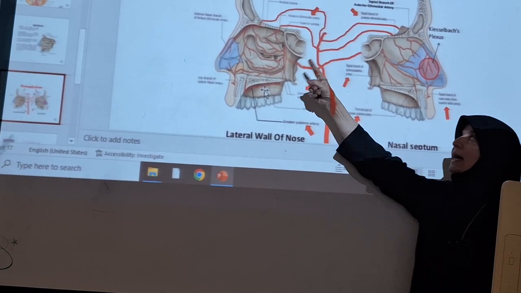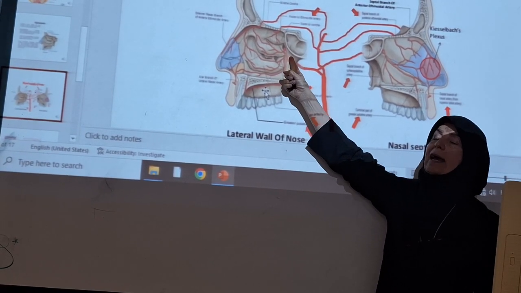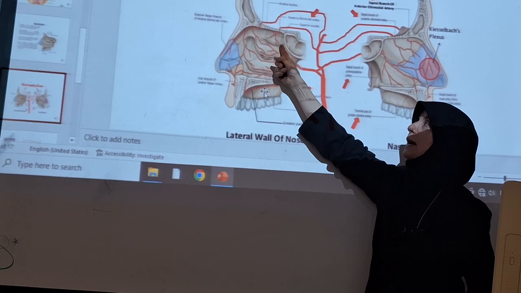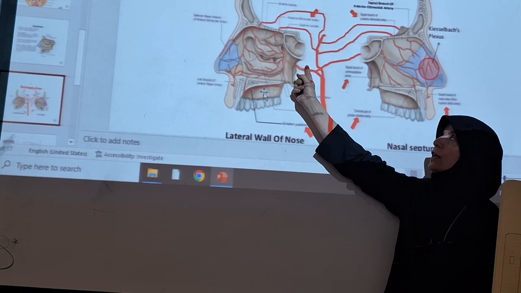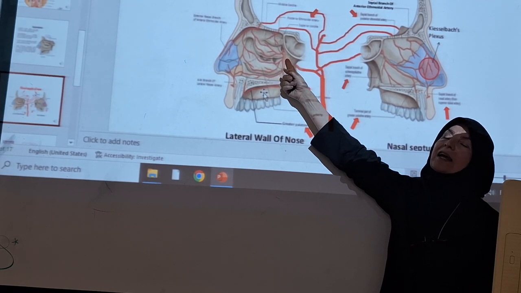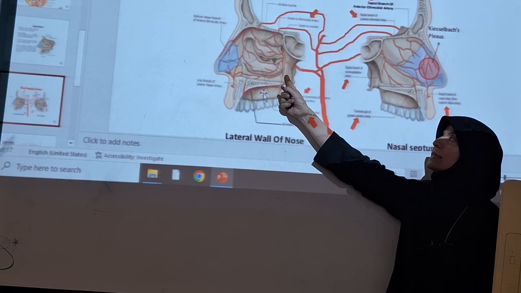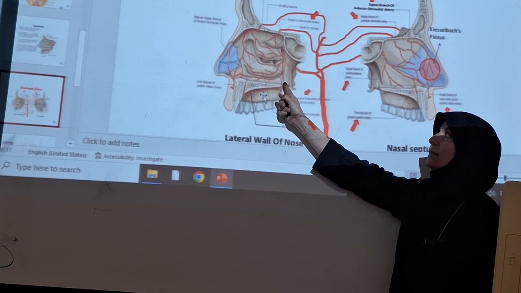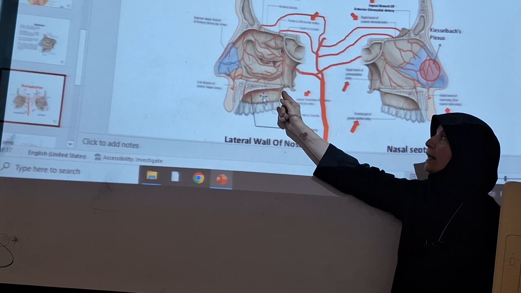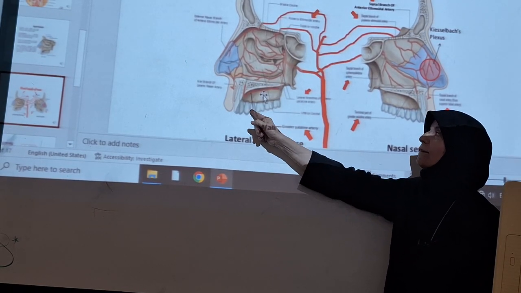Another branch that belongs to the maxillary artery, before passing through the sphenopalatine foramen, is the greater palatine artery. This greater palatine artery descends and enters inferiorly to the roof of the oral cavity.